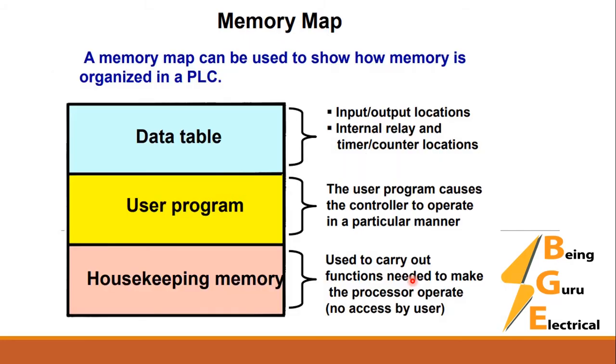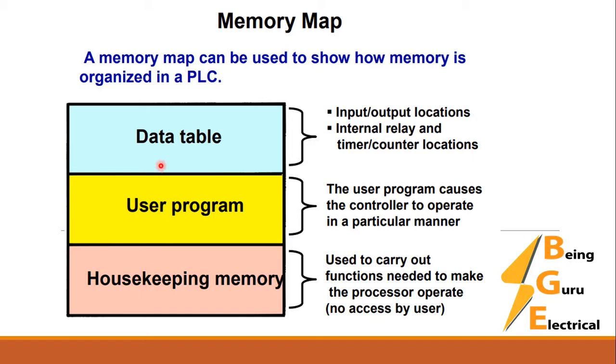Now the memory map. The memory map of the PLC is divided into three parts: the data table, the user program, and housekeeping memory. The data table consists of input data registers and output data registers, and also the input relays, timers, and counters are stored in the data table.